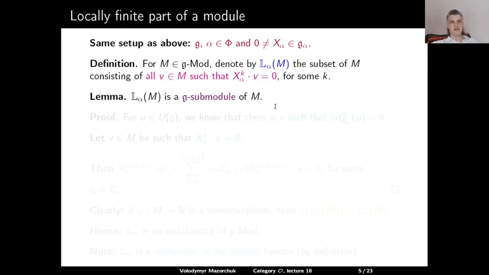Directly from the definition, it is clear that this is a subspace of M, so we only need to check that it is stable under the action of the universal enveloping algebra. Given an element u from the universal enveloping algebra, we know that there is some positive integer n such that the nth power of the adjoint operator of x alpha applied to u is equal to 0.